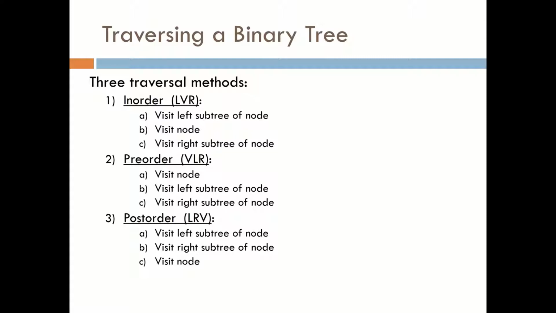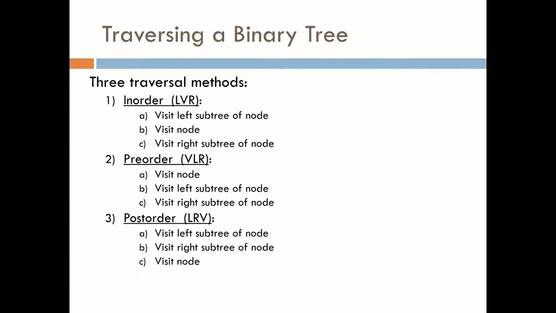So in the case of in-order traversal, we will visit the left subtree and then visit the node. But we do this recursively at every level of the tree. And therefore, we will get different behaviors from applying these three methods.